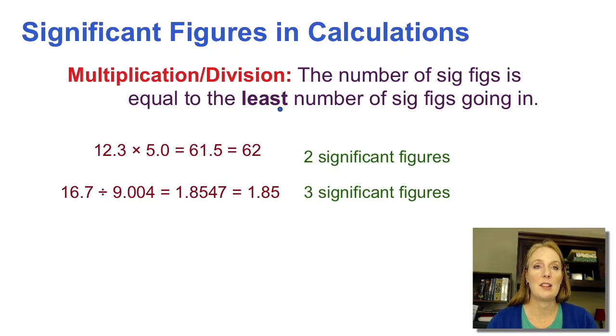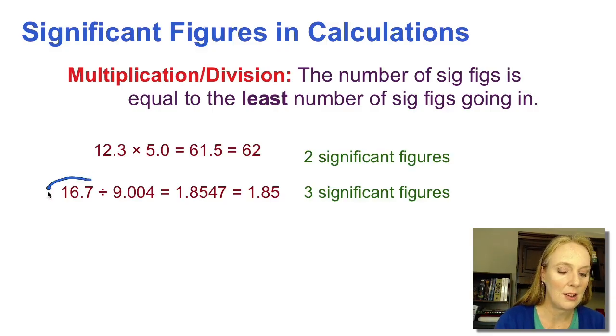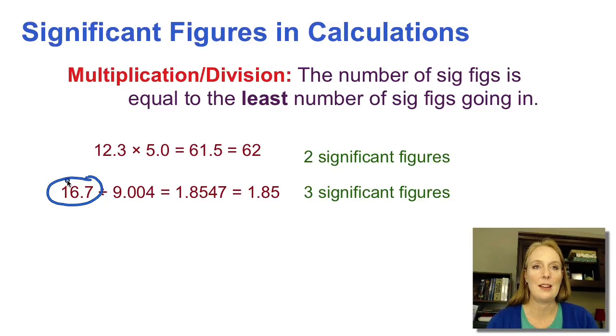I can take the number 16.7 and divide it by 9.004, and my calculator might actually give me 8 decimal places. But if I just wrote down a few, I would say 1.8547. But I see that in this case, the quantity going in that had the least number of significant figures had 3 significant figures, so my answer should also have 3 significant figures.